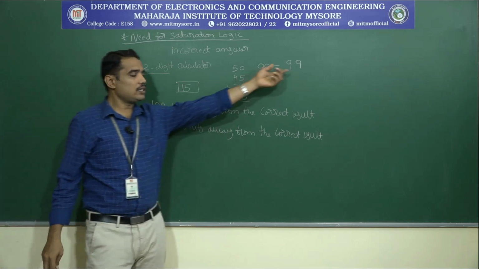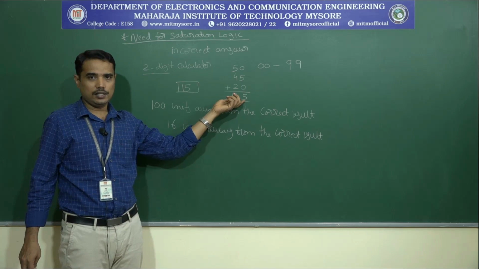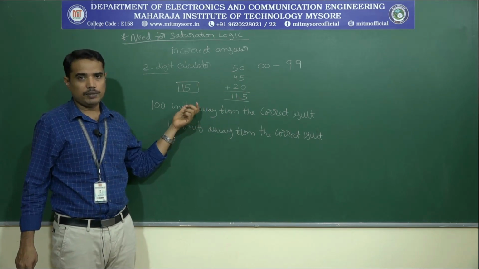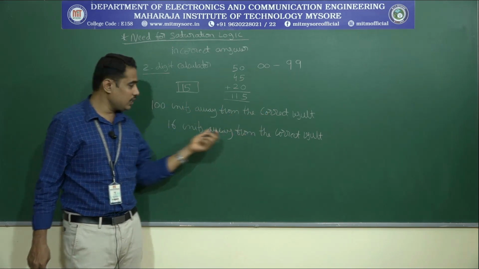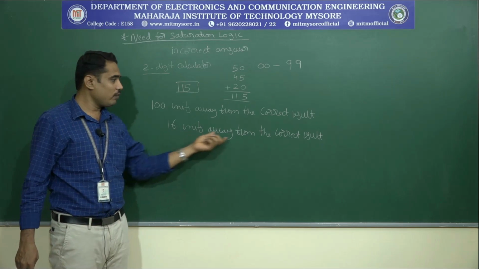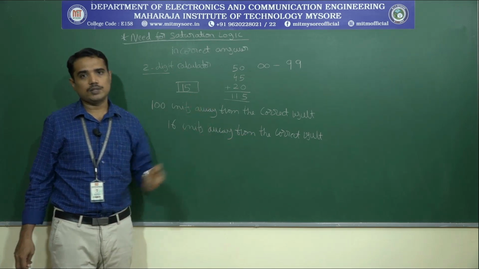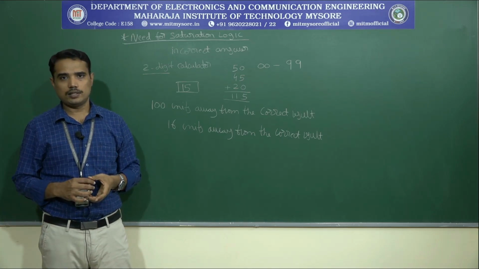Even here the answer is 99, which is not equal to our actual result, but it is far better compared to the previous case. In the previous case, the answer was 100 units away from the correct result. In this case, it is just 16 units away. By adopting the concept of saturation logic, we can minimize the error in the computed result.